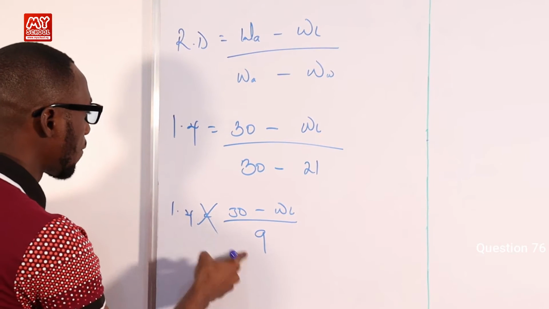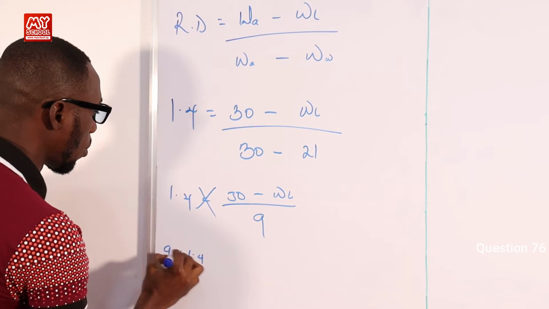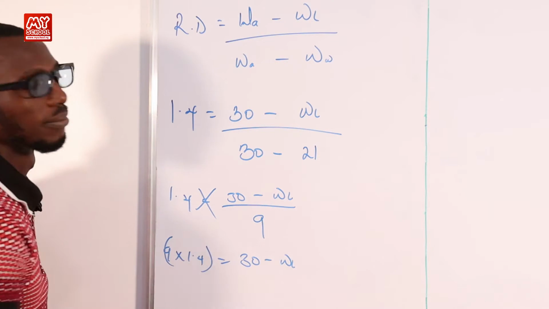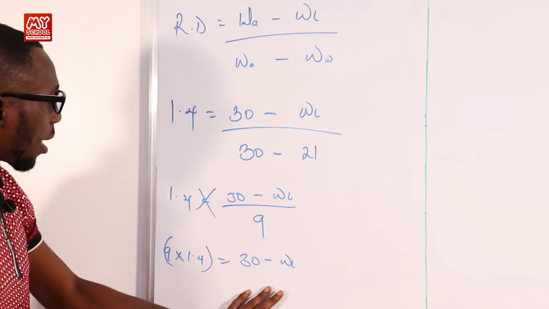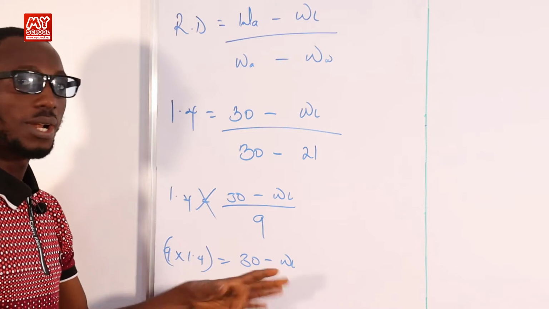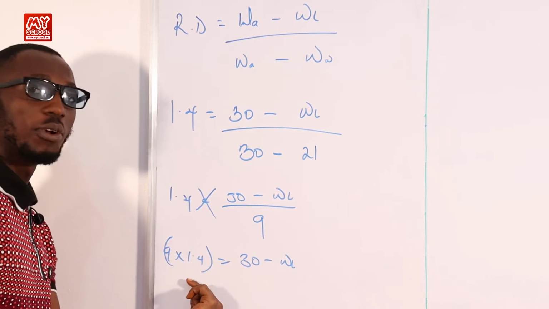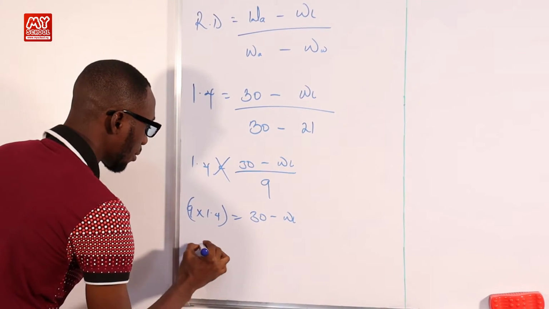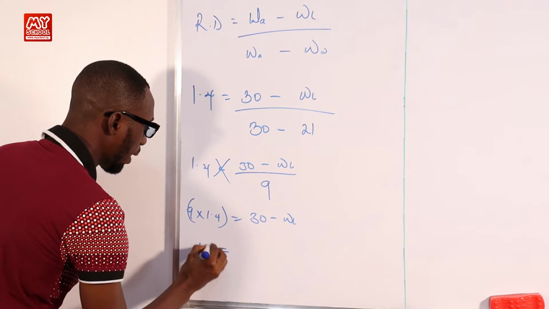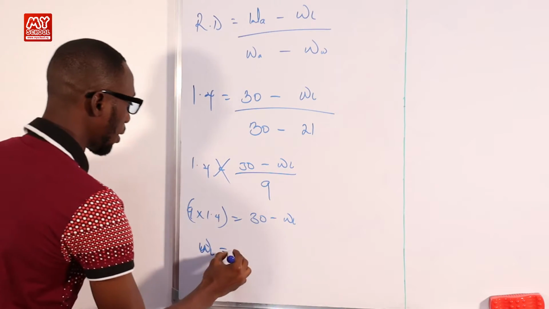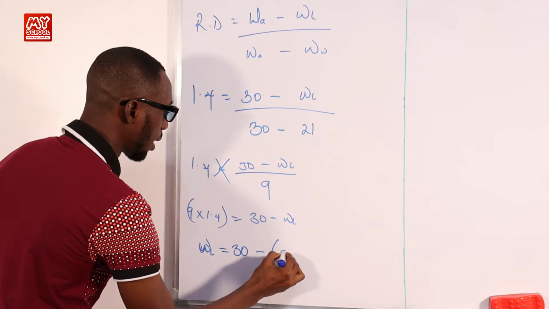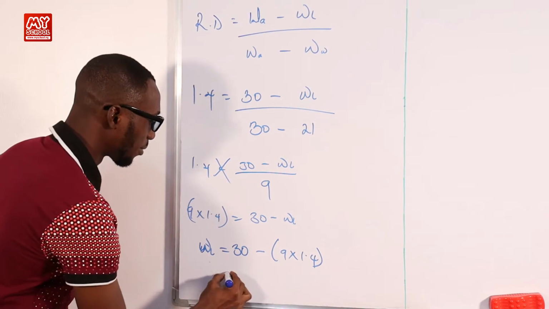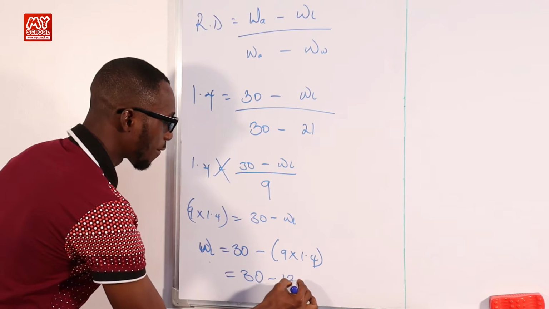So we'll cross multiply. So we have 9 times 1.4 equals 30 minus weight in liquid. Having gotten to this junction, what you just have to do is to collect like terms. So we can bring this in to become positive, we'll bring this out to become negative. So we would have weight in liquid, the L here should be a subscript, equals 30 minus 9 times 1.4, which gives you 30 minus 12.6.